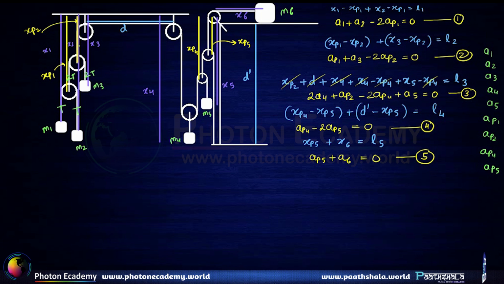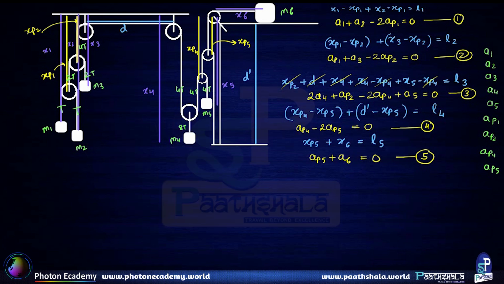This is going to be 4T. So this 4T comes over here. This is 4T. So this happens to be 8T. This is 4T itself. This is also 4T. As long as the string is the same, the tension is the same as well. And then this happens to be 8T over here, and this happens to be 8T as well. So this happens to be 16T. So these are the tensions in the strings.